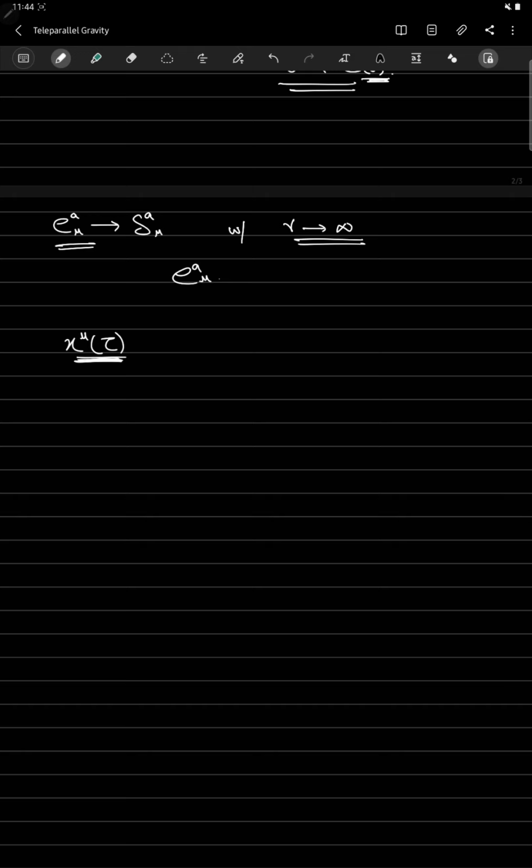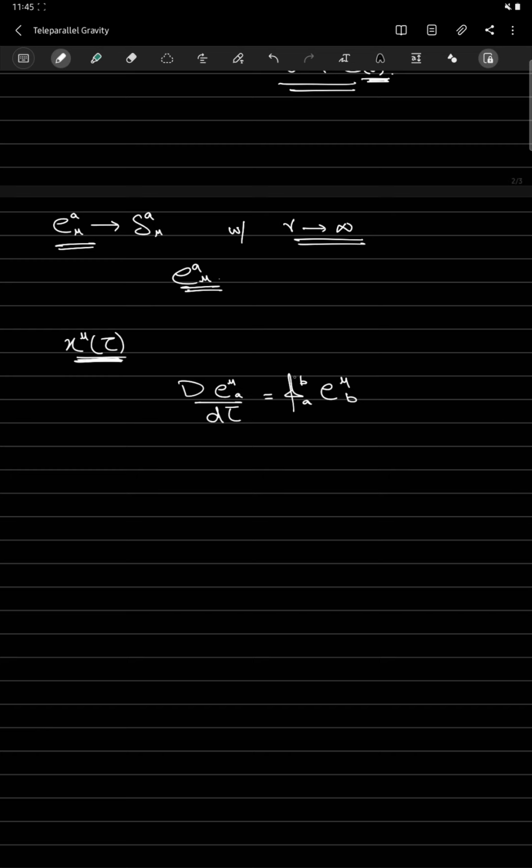Now, thus assuming that the observer carries this orthonormal tetrad frame, e a mu, then the acceleration of the frame along the path is prescribed by the absolute derivative of e mu a over d tau, which is equal to some phi b a e mu b, right? This is the acceleration of the frame along that path c.